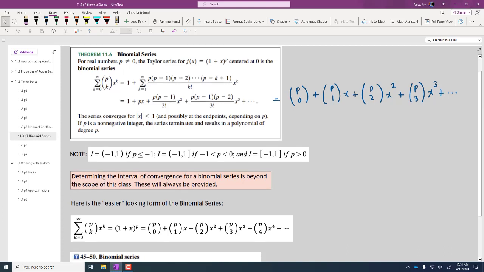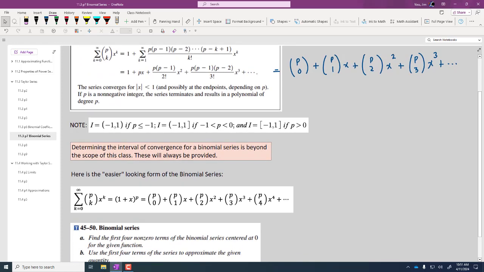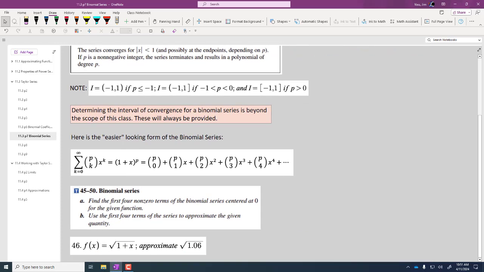Now, the binomial series has 3 different intervals of convergence depending on what p is. They all have the same boundary points, -1 to 1, but based on what p is, that dictates whether you include or exclude those endpoints.